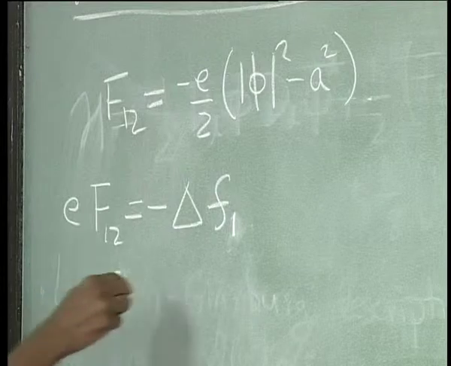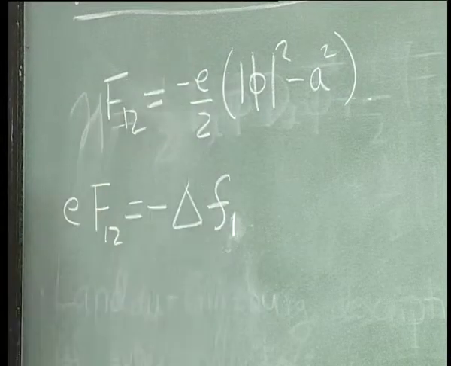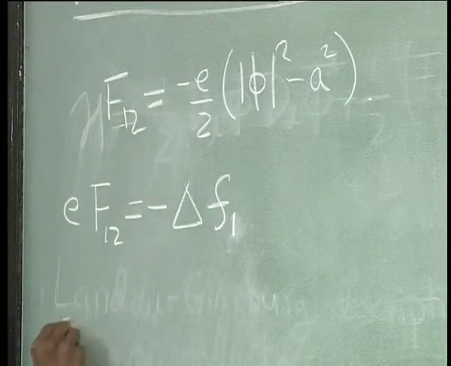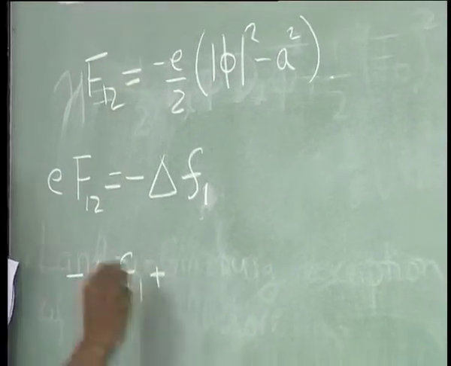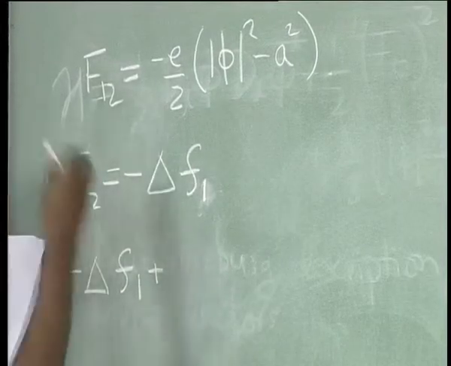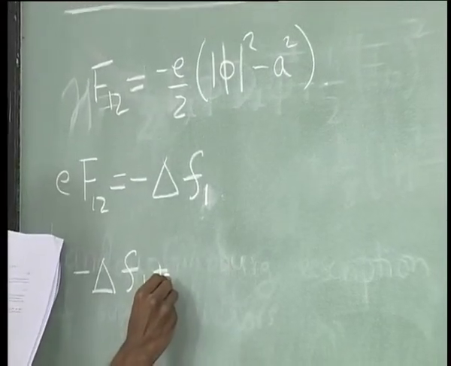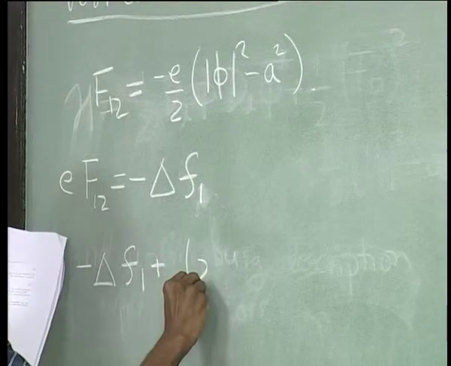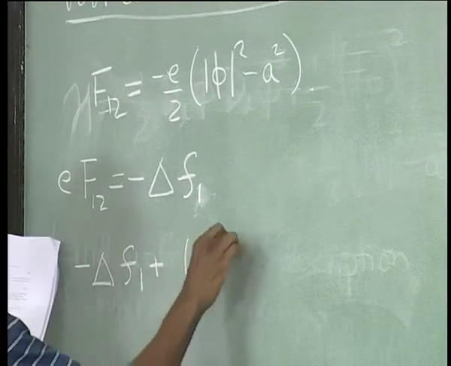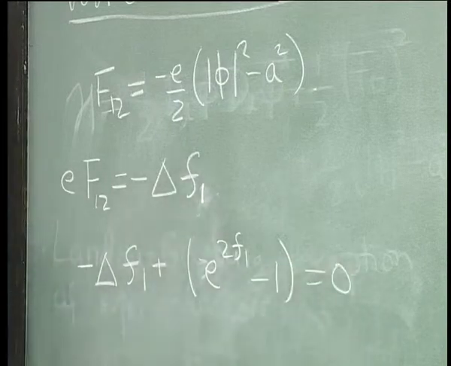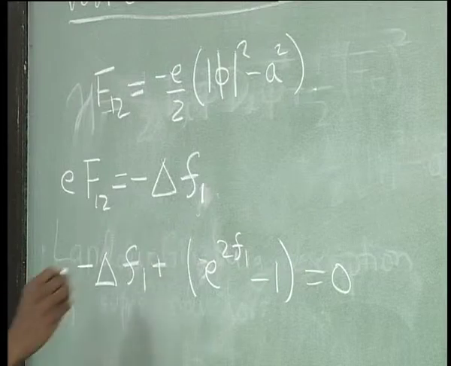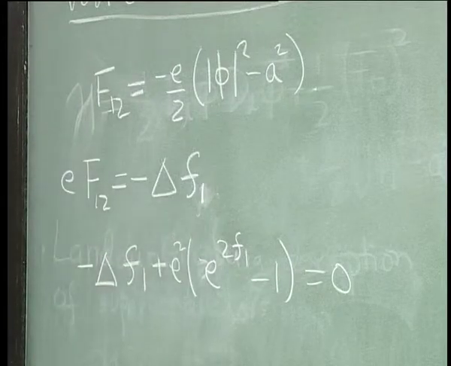Okay. So if you plug these things in here, what you can see is that the equation of motion becomes minus, so F12 would be this. This is what we get.